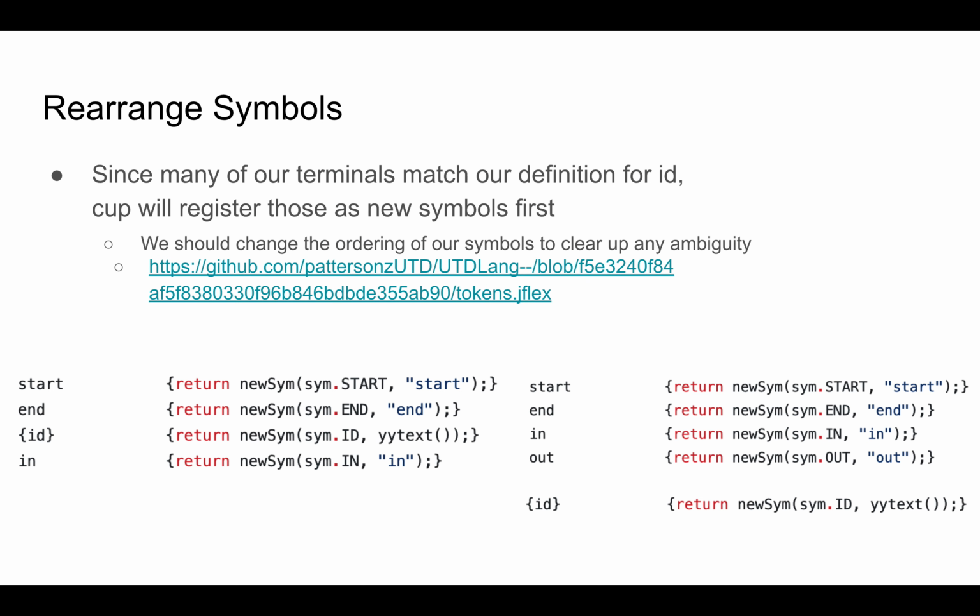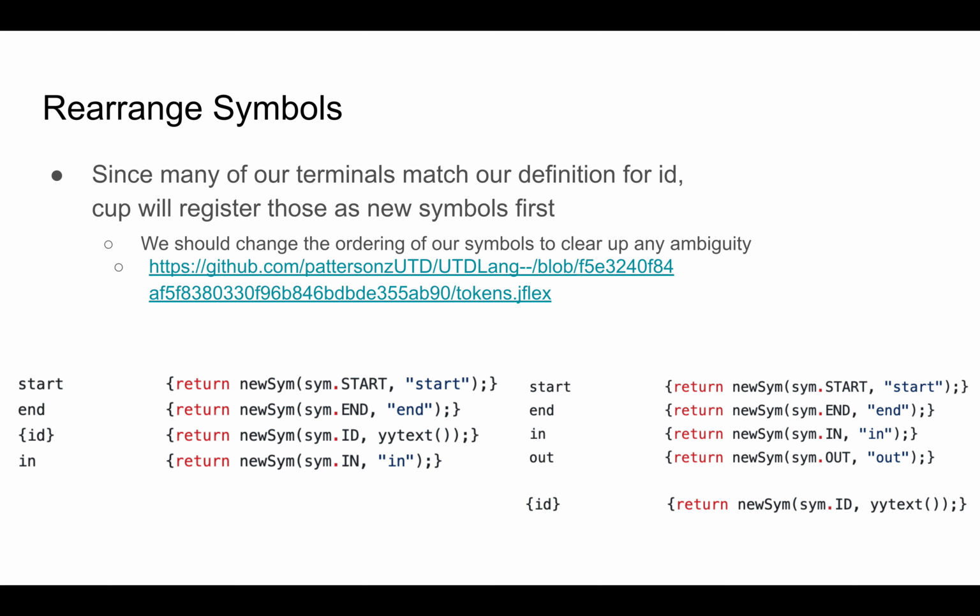So the reason this happened is because our scanner read in a token, and it will compare with the patterns we defined in the token JFlex from top to bottom. And because in the incorrect implementation, the pattern of ID is defined before the token, the symbol in, our scanner matched the in with the pattern of ID and then return it as an ID token, and then it will stop here, it will not continue.